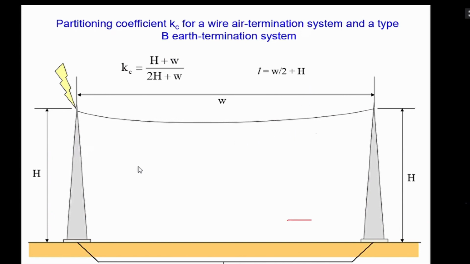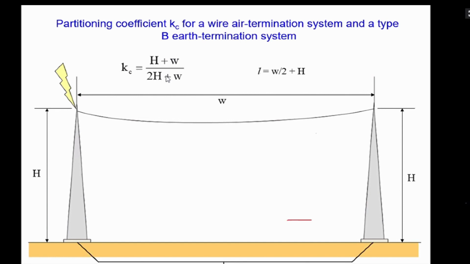This is if there are no other buildings. Now consider that a symmetric building comes in the middle. Then the distance from the top of that building to the catenary wire should be greater than the minimum separation S that you will calculate by using this L value, the Kc value, then Ki and Km.